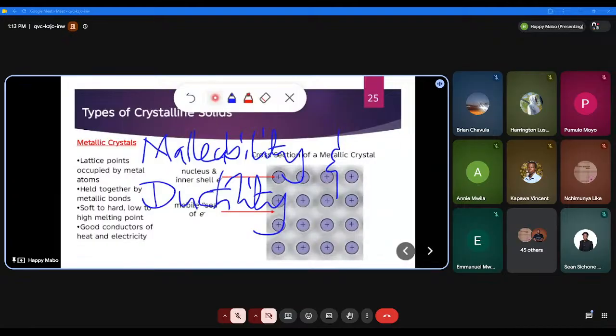Ductility, maybe we can put them together as we explain what happens. Ductility is the ability of a metal to be drawn into very thin wires without breaking. So why is that possible?